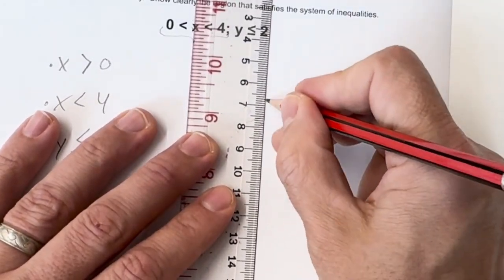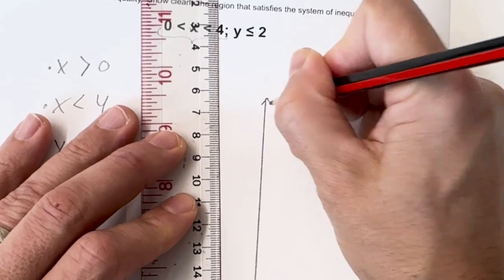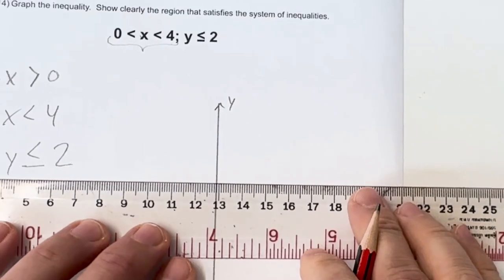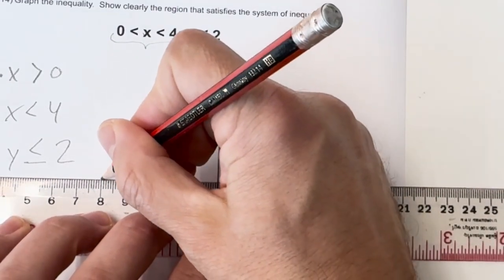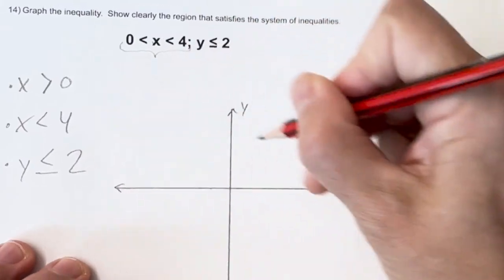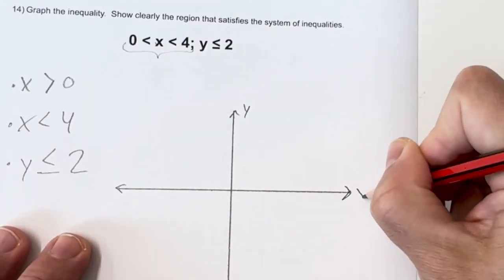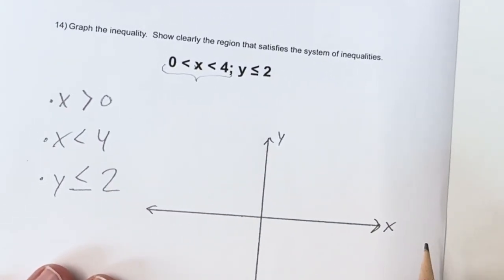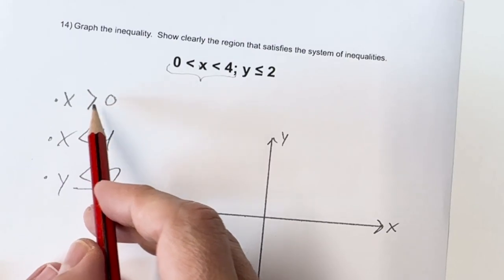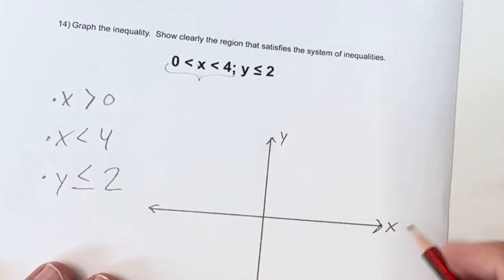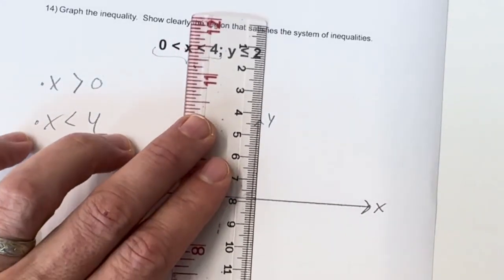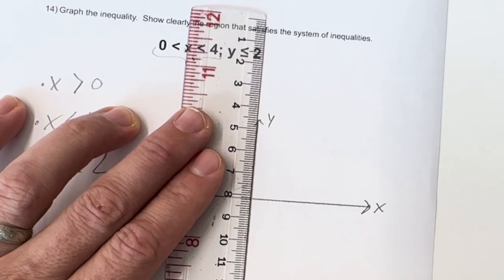Again, real quick, I'm just going to draw myself a nice Cartesian plane or a coordinate plane, just a little sketch. We're not measuring, we're just trying to visually show what this all means. Okay, there's my x's and my y's. So first things first, it says x must be bigger than 0. So these are my x values. So it's saying x must be bigger than 0. We have to draw a line on a line here.